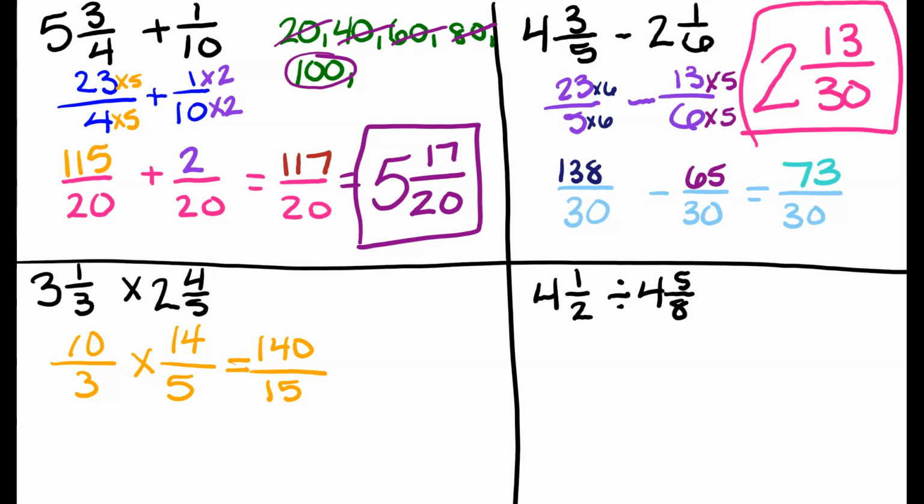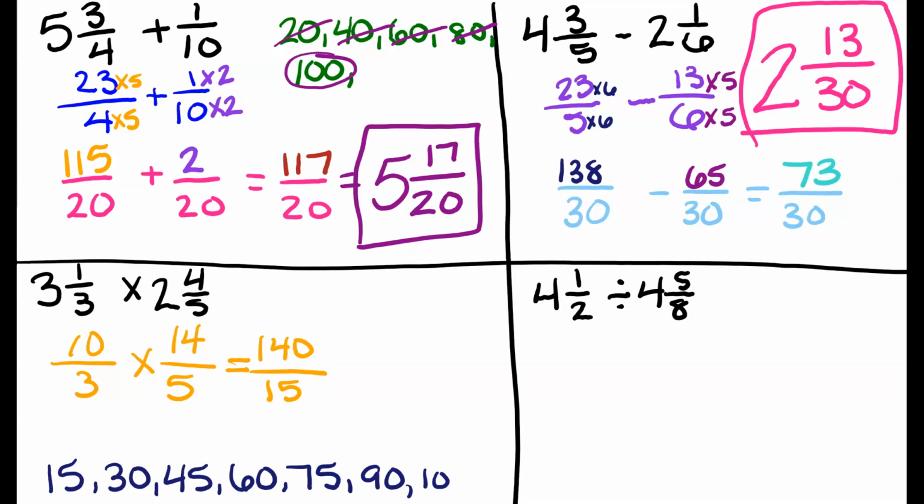I can find out how many times 15 can go into 140 by listing out my multiples of 15. 15, 30, 45, 60, 75, 90, 105, and I'm running out of space. 120, 135.